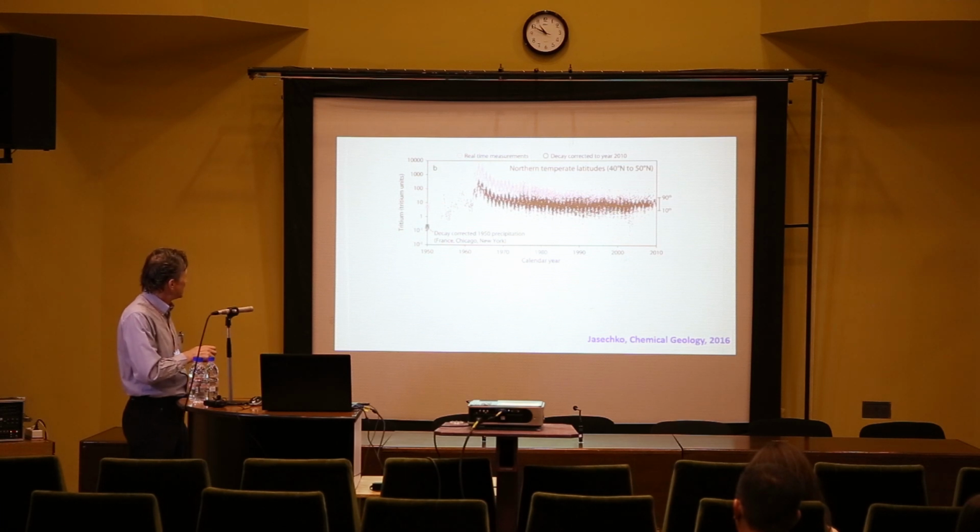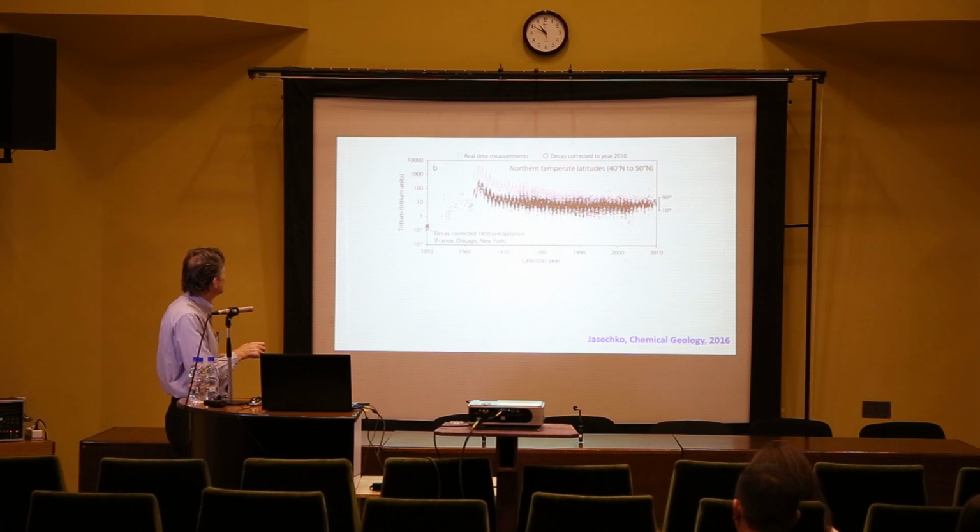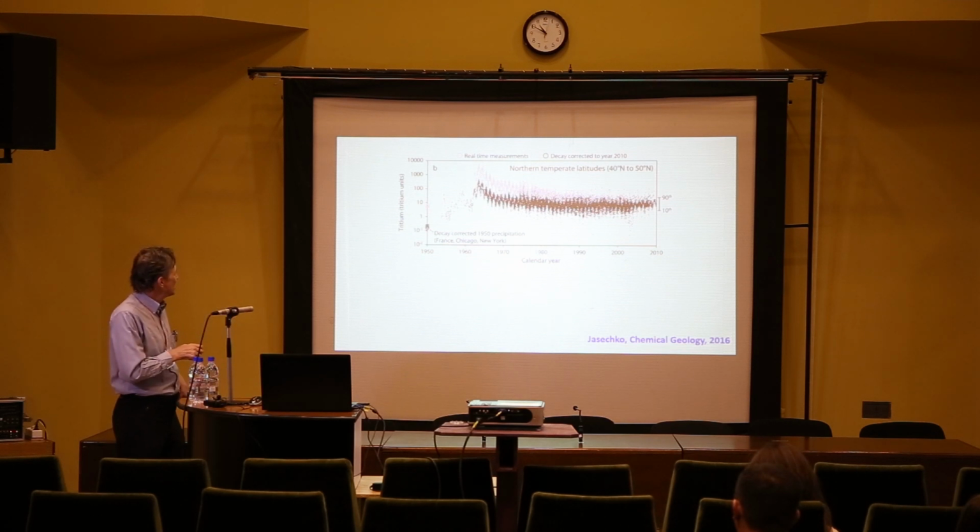A typical number these days is between 1 and 10, and back when Boris and I were young, it was about 10,000. Since then, that tritium has been decaying with a half-life of about 12 years. And these black dots here show the concentration of that rainfall back then, corrected for its decay until roughly now.